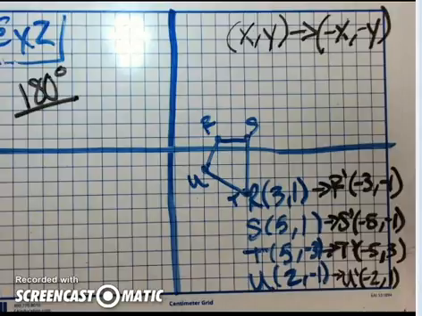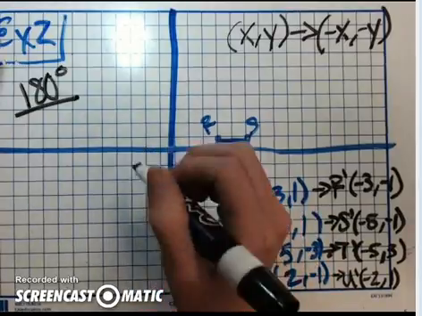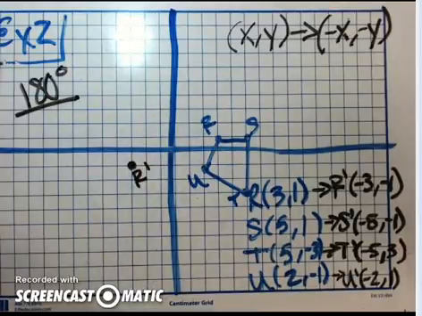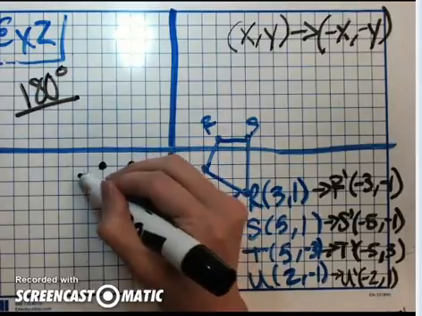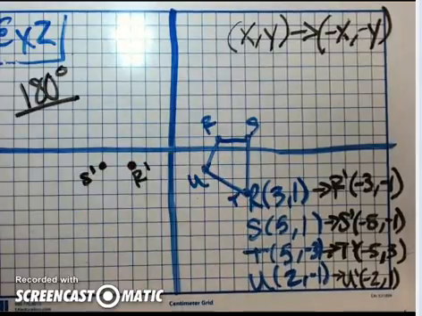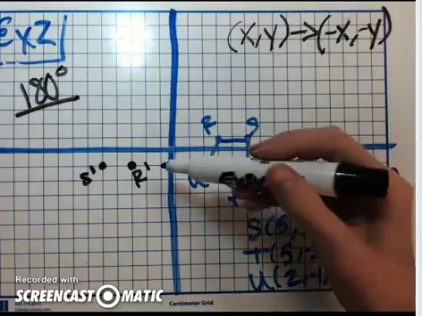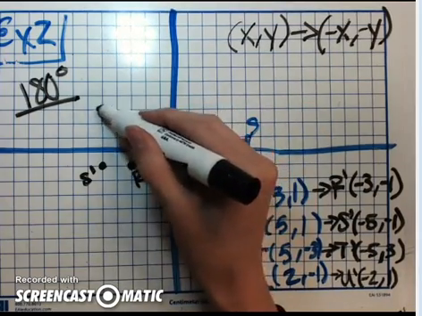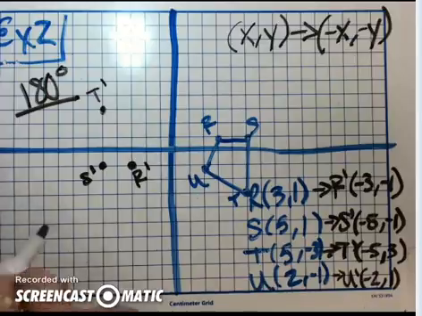I'm just going to graph it to make sure I got it right. R prime is at (-3, -1). S prime is (-5, -1). T prime is at (-5, 3). And U prime is at (-2, 1).